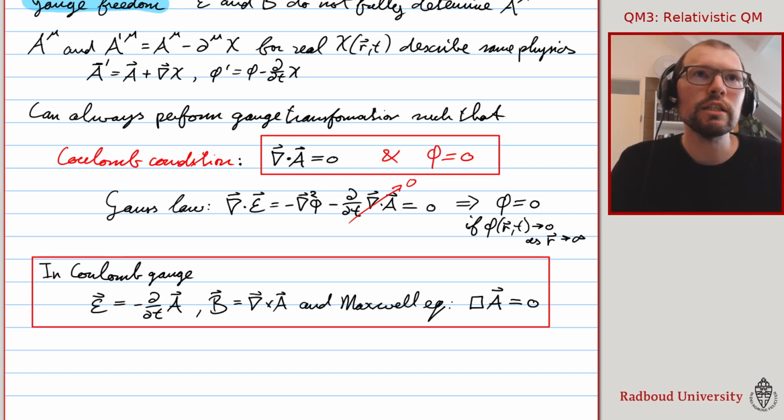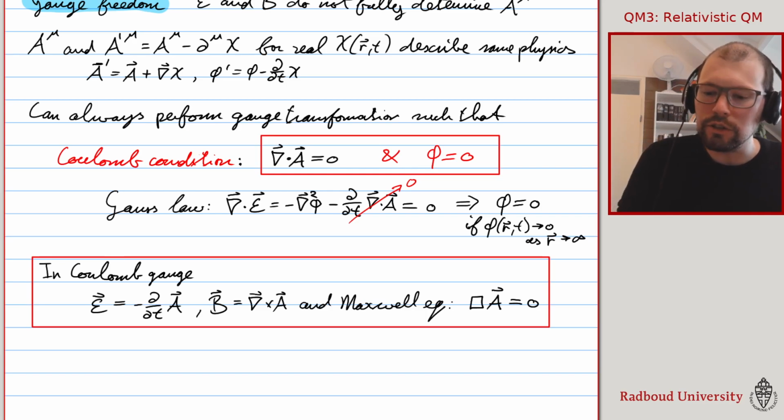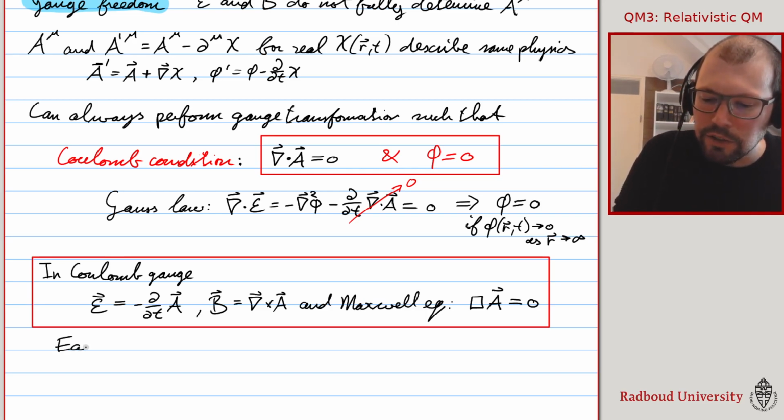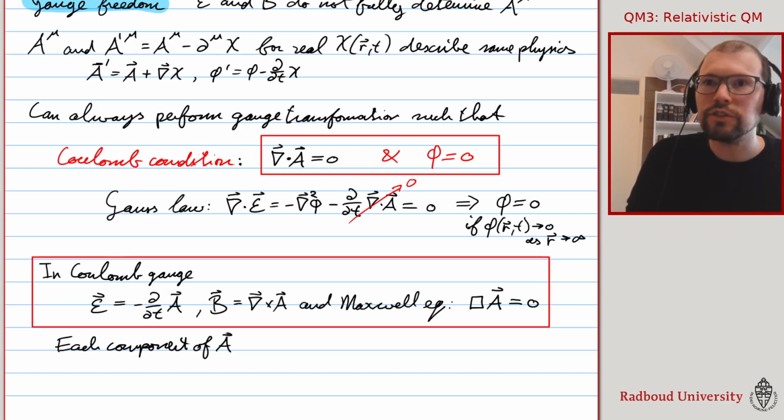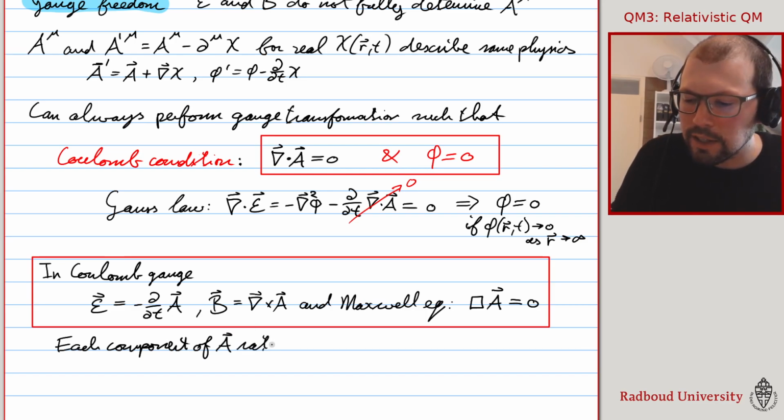So this should already look somewhat familiar to you. This is saying that each component of the vector potential satisfies the Klein-Gordon equation.